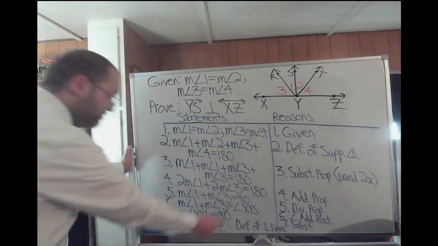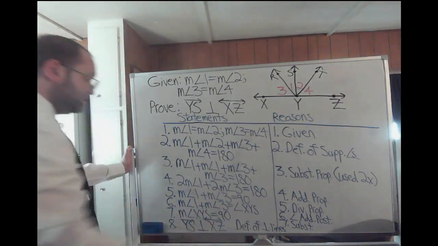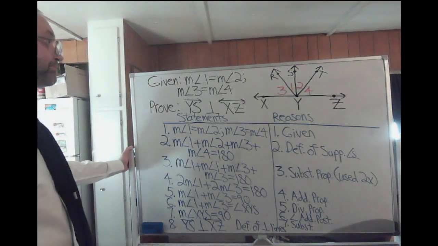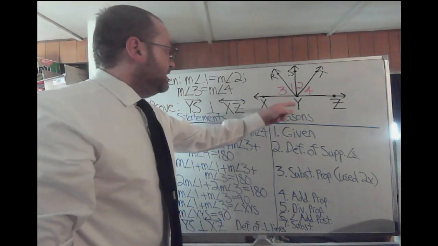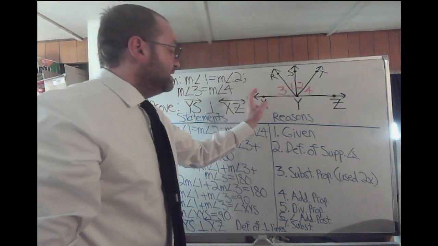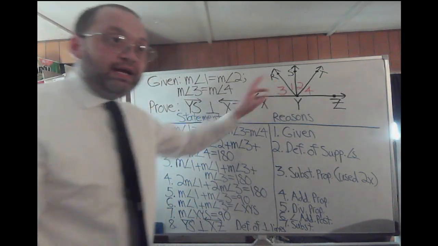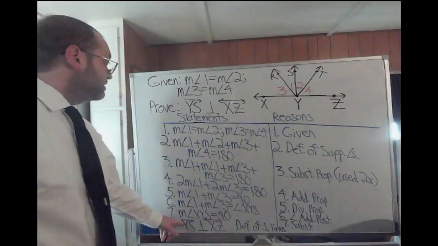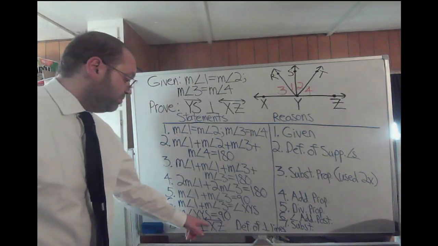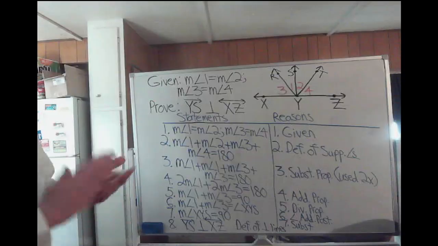And then we can do substitution property to say that the measure of angle XYS equals 90. And then with ray YS and line XYZ intersecting, and you have one right angle, by the definition of perpendicular lines, you can declare that ray YS is perpendicular to line XZ. So that's all there was to it.